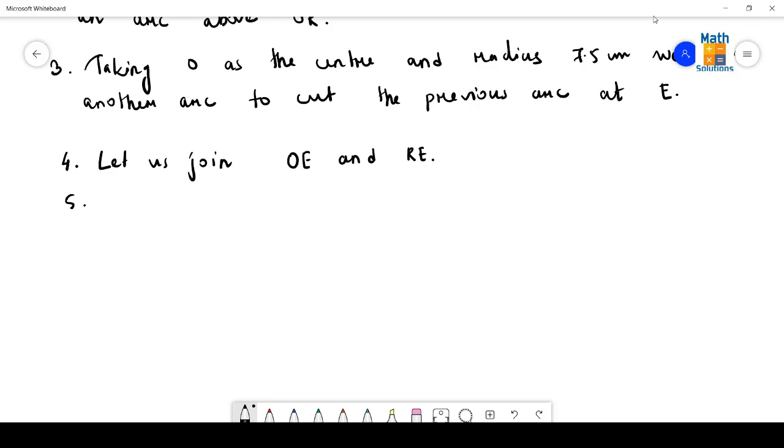Then after we have to come to number 5. Step number 5. Actually there is a correction here. I have to write here EO because already mentioned in the question that it is EO and not OE.